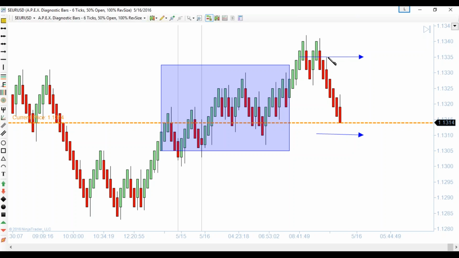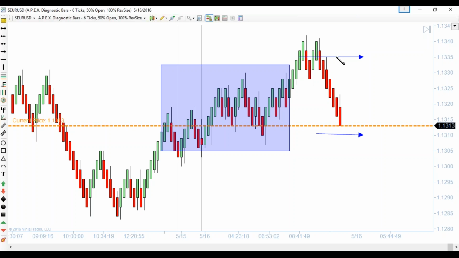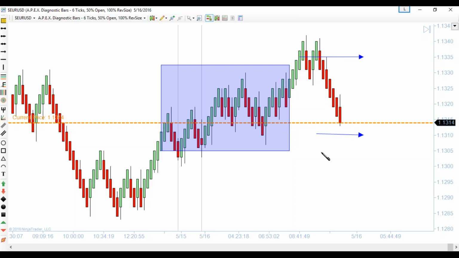But this is the example: you're selling an upper and you're buying a lower. Does that make sense now? So you're not risking $75 on each side. You're following risk management, and you're getting out when it hits one of the other sides. You're getting out of both sides.